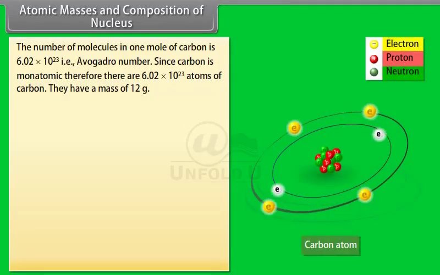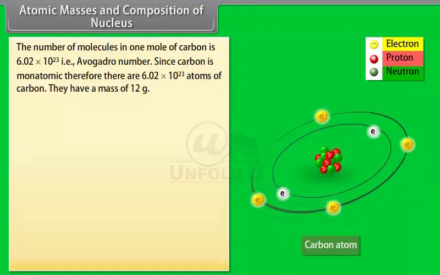Atomic masses and composition of nucleus. The number of molecules in 1 mole of carbon is 6.02 × 10^23. That is the Avogadro number. Since carbon is monoatomic, there are 6.02 × 10^23 atoms of carbon.